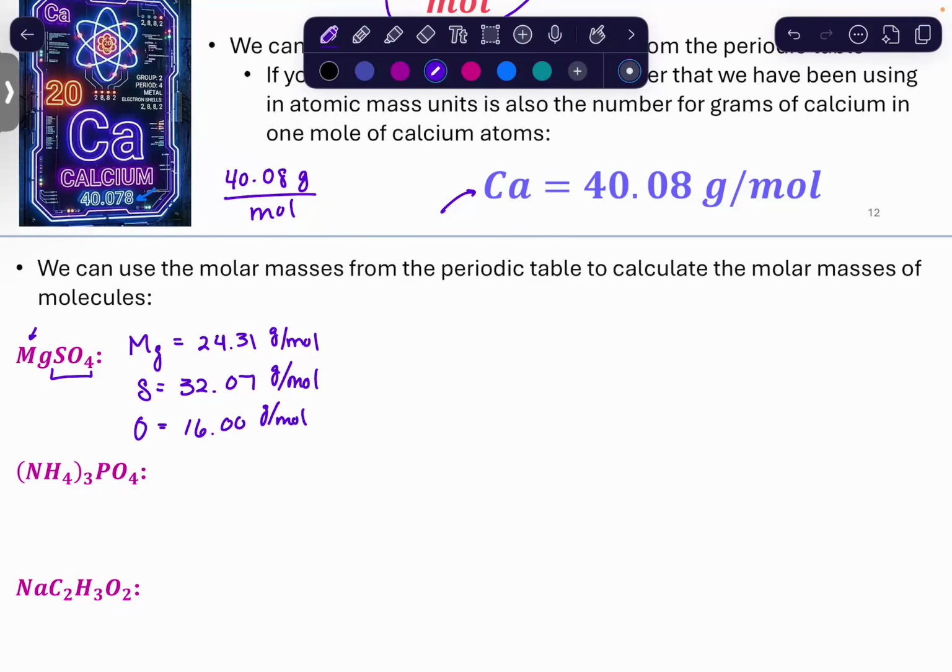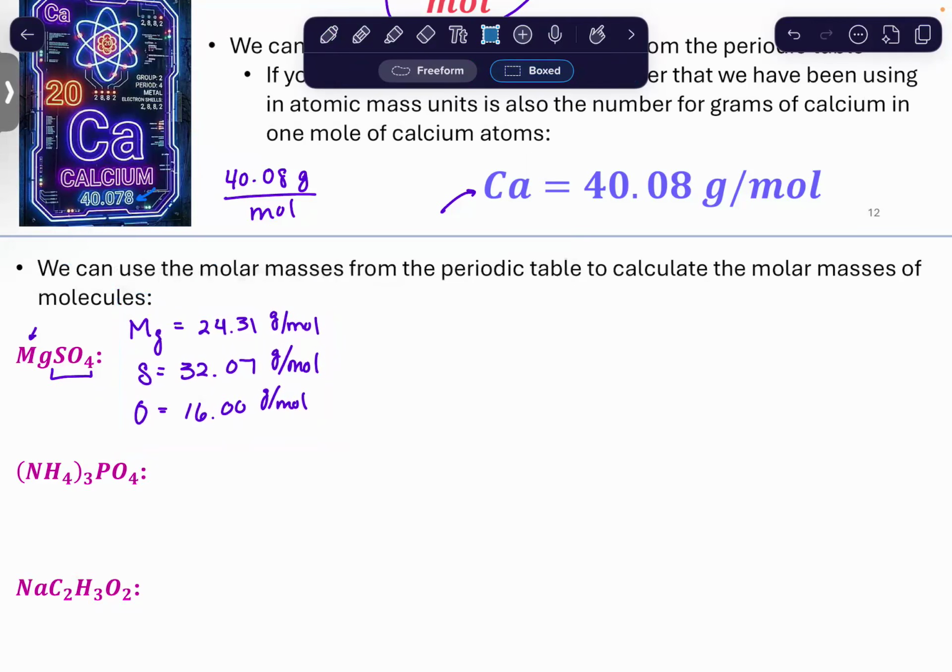And so now the way we get the molar mass of this molecule is we need to add everything together. So we're going to have 1 magnesium plus 1 sulfur plus 4 oxygens. And notice here it's 4 oxygens because of that subscript.